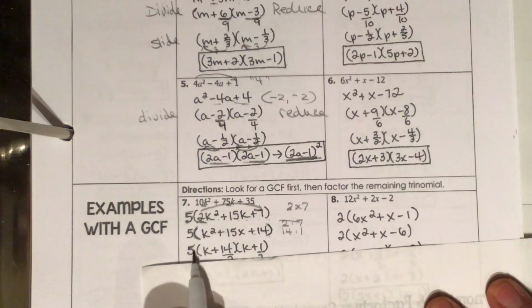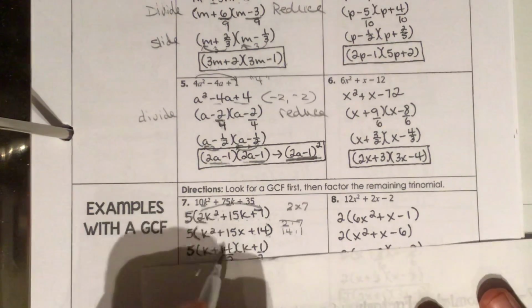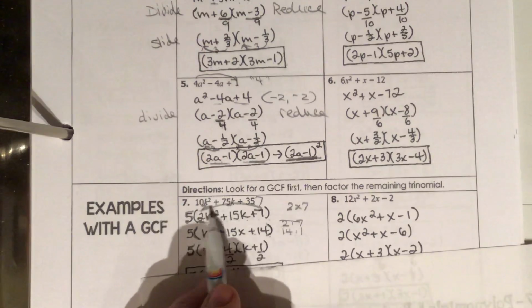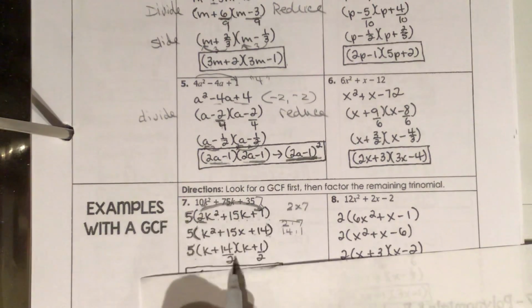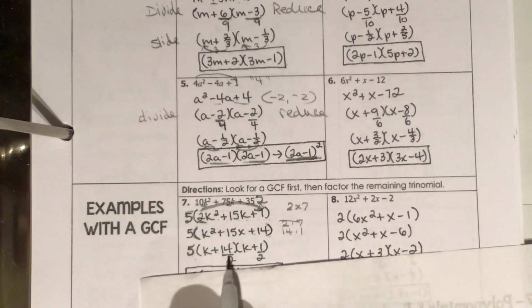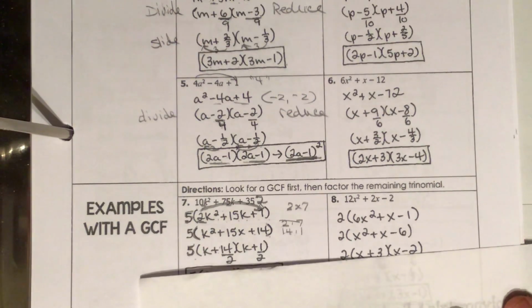Do you see I still leave my GCF over here? K plus 14, k plus 1. Remember, we put a 2 over here when we slid. So I'm sorry, not a 7, but a 2. So we put it over 2. And we see that 2 goes into 14 7 times.